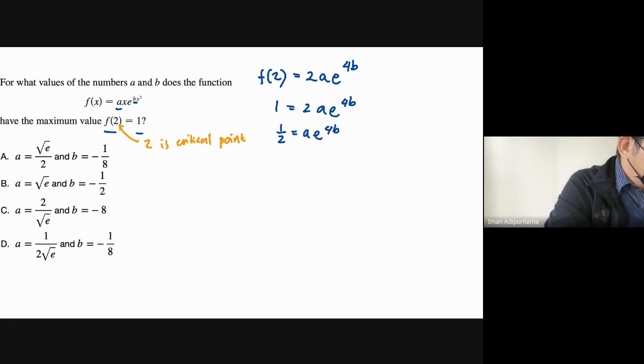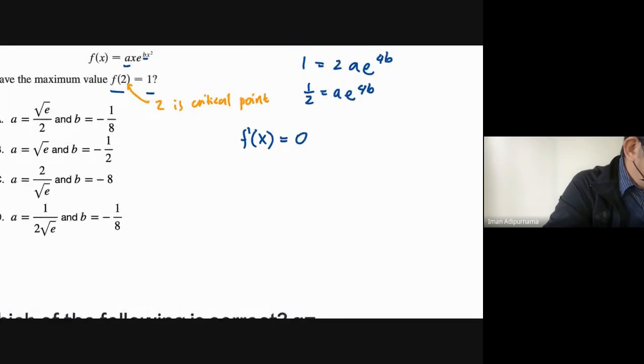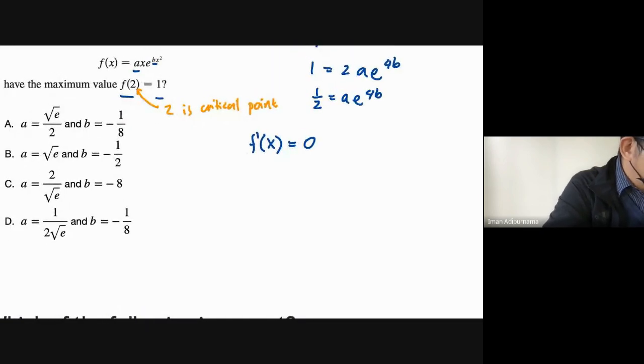And then you can also check when f prime is equal to 0. So we can find f prime with the product rule.